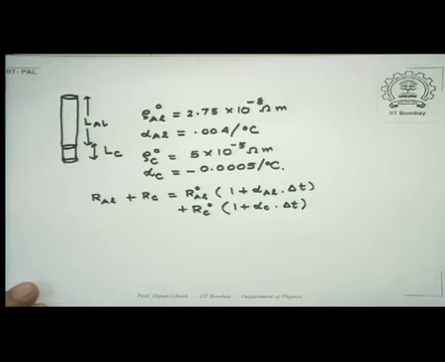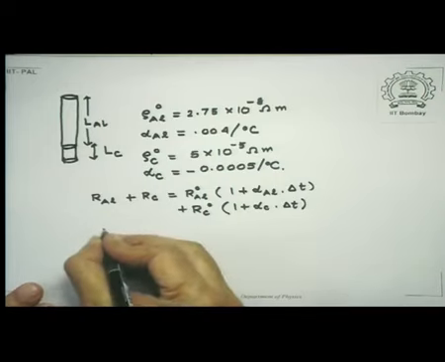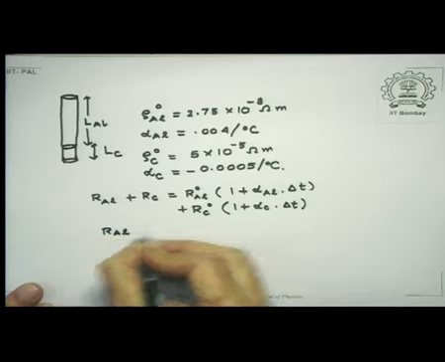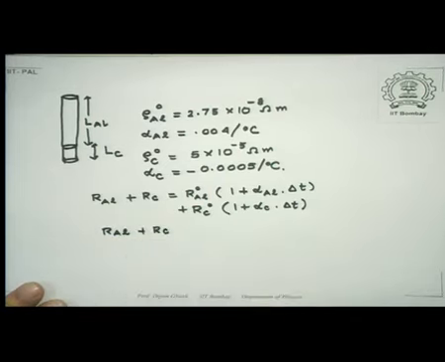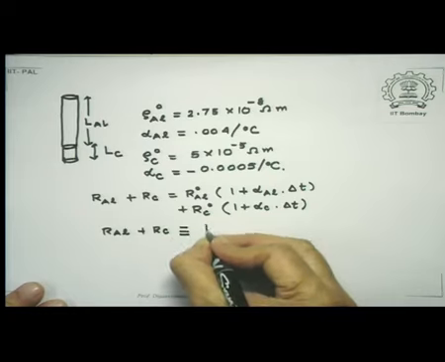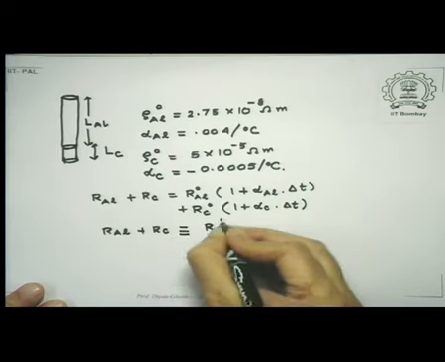What it means is I am looking for R_Al plus R_C that should be identical to R_Al0 plus R_C0.